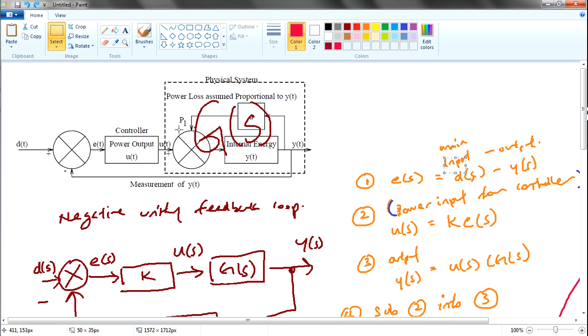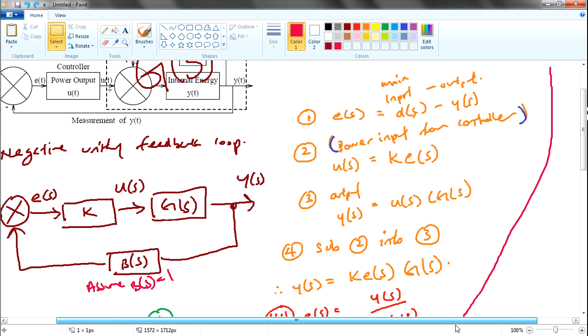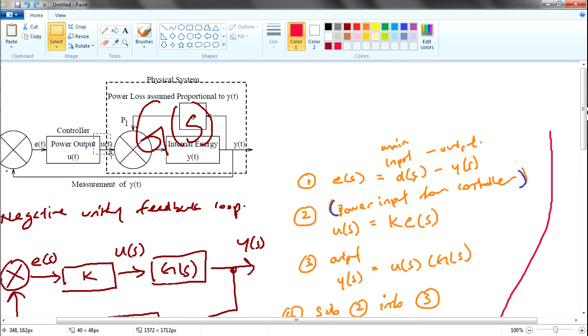This main input is never the same as this input. This input comes from the controller power output, and this input comes from whatever input that you are talking about, not in this picture. Now we're talking about the power input from the controller, U(s), not the main input itself.